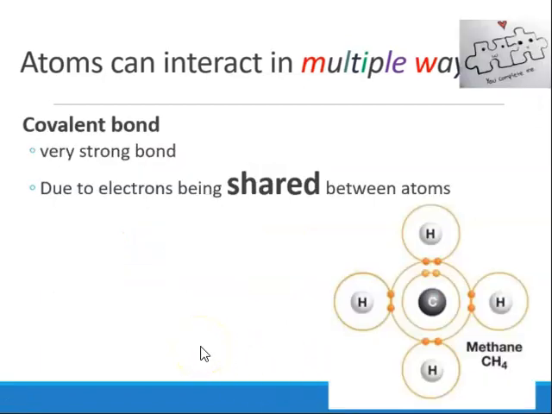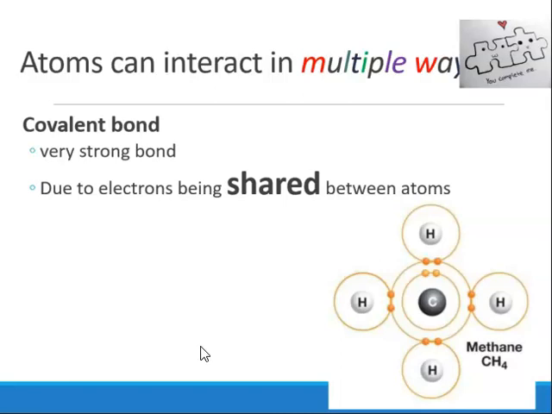The next type of bond that we look at is a covalent bond. Now, the covalent bond is a very strong bond, and this is due to electrons being shared between atoms.